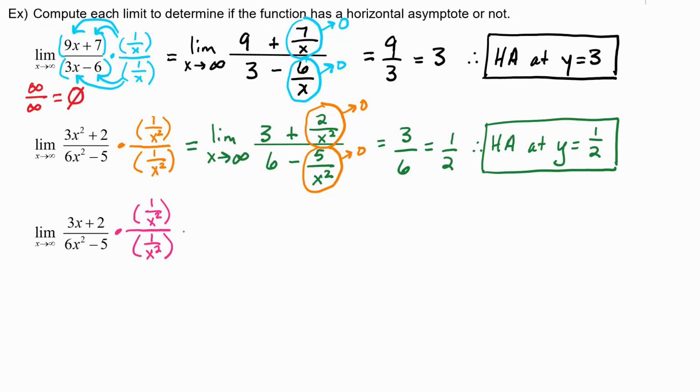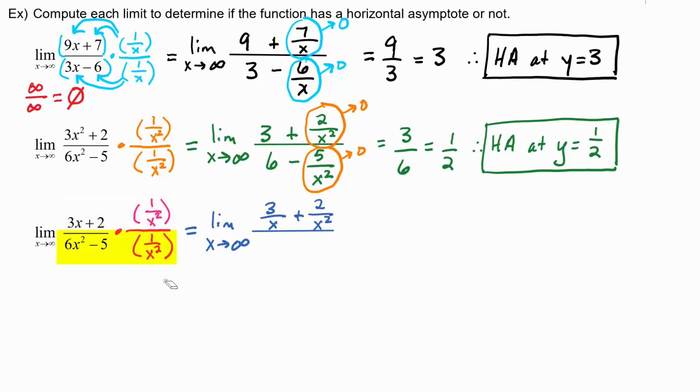Now we've got the limit as x goes to infinity, and we have to distribute. We know 1 over x squared times 3x would be 3 over x plus 1 over x squared times 2 is 2 over x squared.